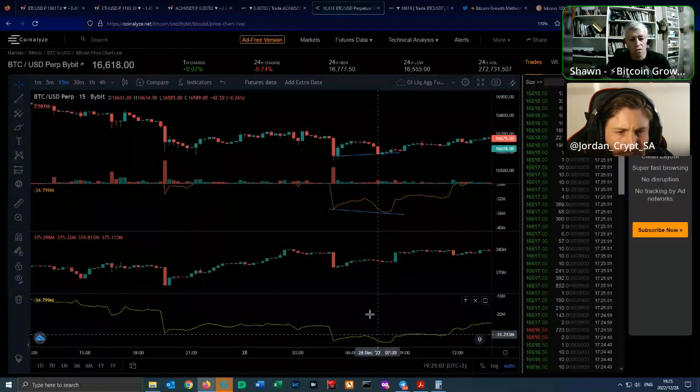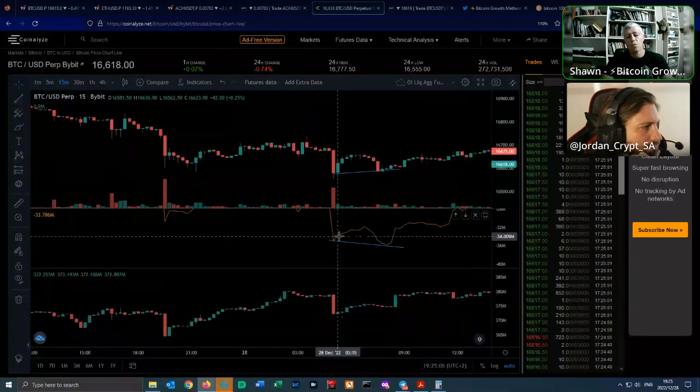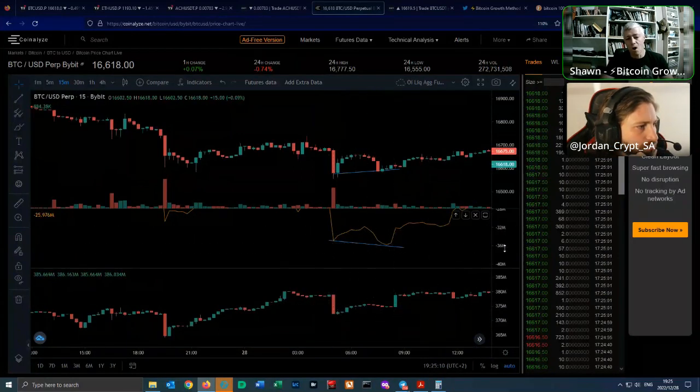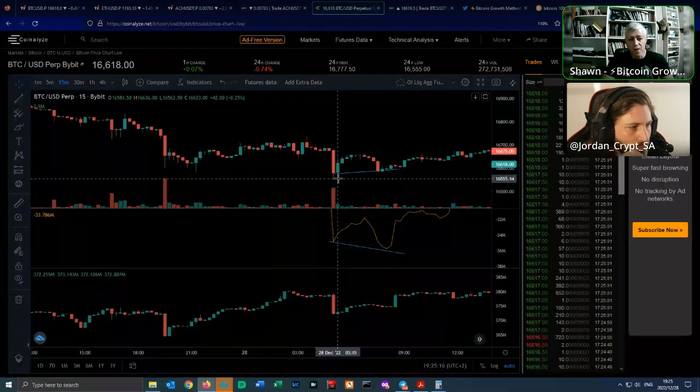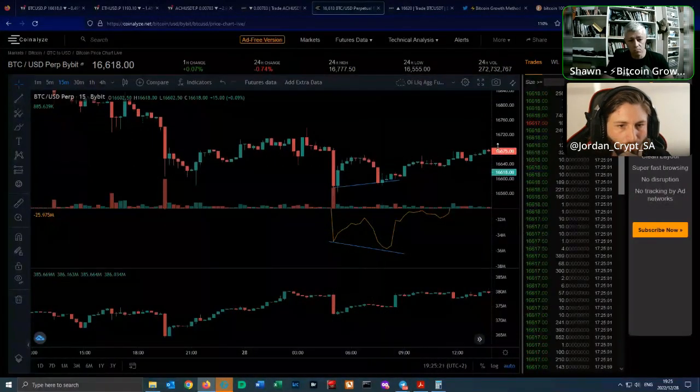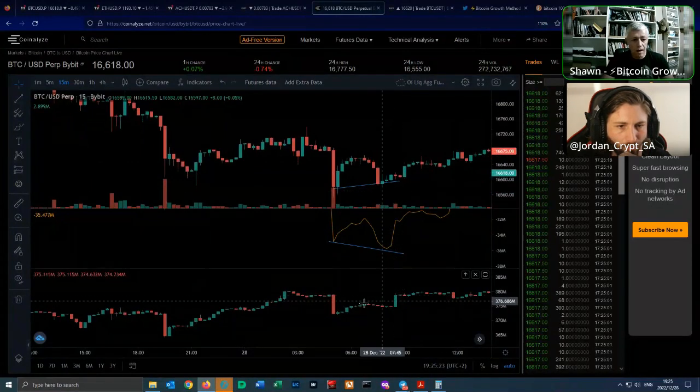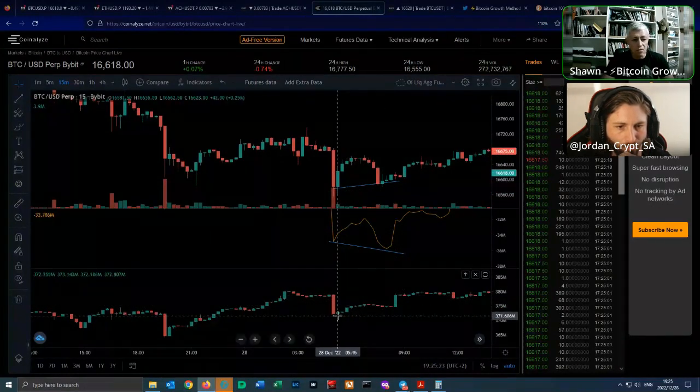So I'm going to close this one out. Basically what happens is when the smaller participants in the market are thinking that there's going to be a breakdown of price, you can see here right at that 16,555, we had a little move up and a very big move down. You can see that by your open interest increasing.